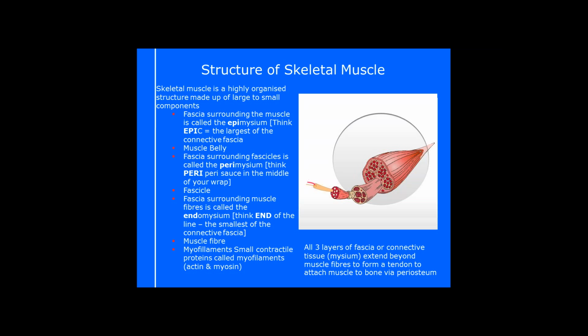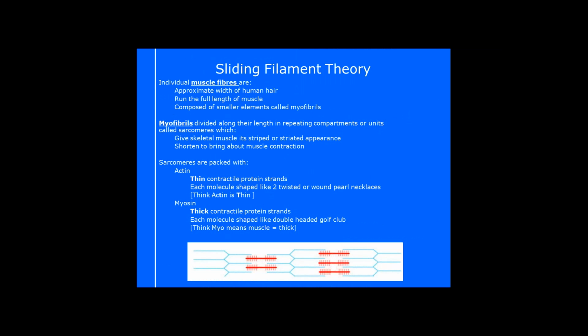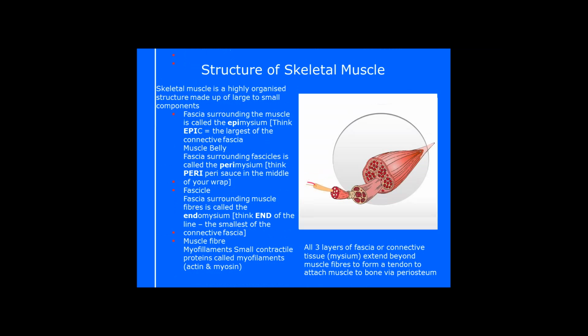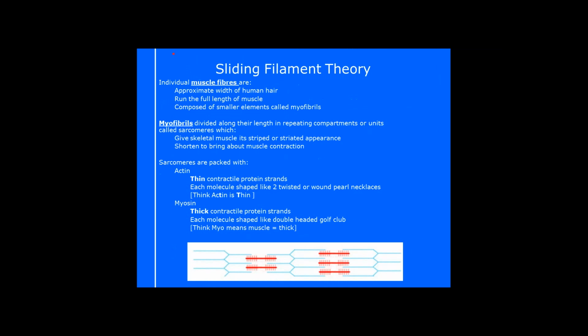That basically is just a block within the muscle fibre. So within the muscle fibre we have multiple sarcomeres which are made up of myofilaments. That brings us on to our sliding filament theory in just a second. So let's head on over to those now.